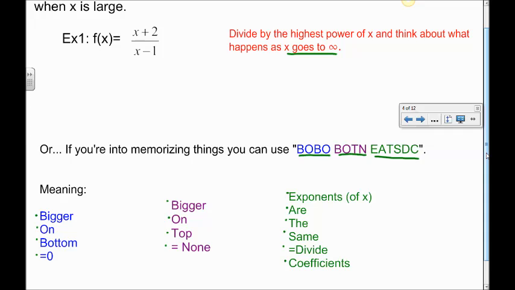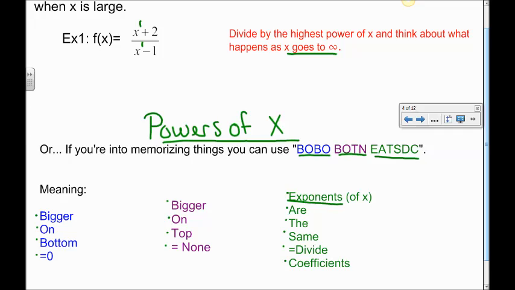What this means all refers to powers of x. So in example 1, if we look at the powers of x, we have x to the power of 1 in the numerator and x to the power of 1 in the denominator.